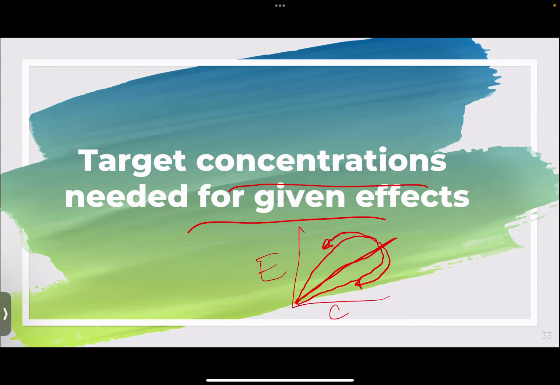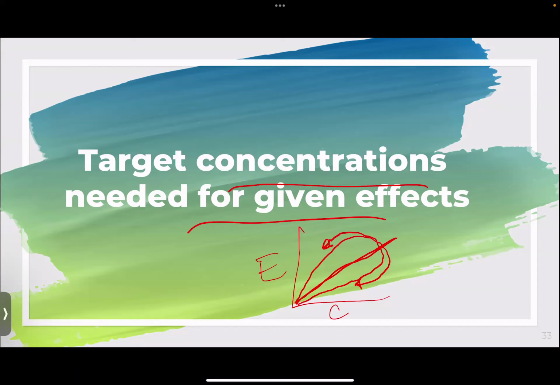There's a lag in the effects. So that can be caused by an active metabolite, like a prodrug situation. What else? If it has to get to a particular effect site. So you're measuring the blood, but the drug actually has to get to the muscle or to the CNS or to the heart to actually have its effect. There's going to be a lag, isn't there?